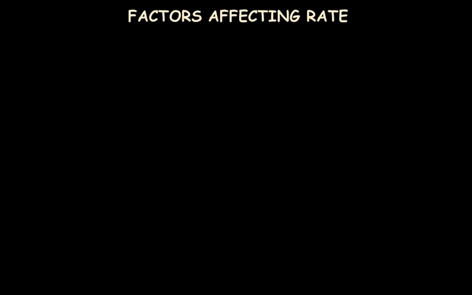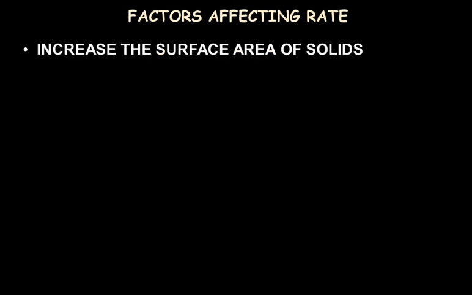Now we can understand one more point in this video: there are certain factors which can affect the rate. That is, if we change these factors, we can change the rate also. So what are these factors? First and foremost, the surface area of the solid particles of the reactants. If we increase the surface area of the solid particles of reactants, then the rate might increase. If we increase the temperature of the reaction mixture, that will also affect the rate.